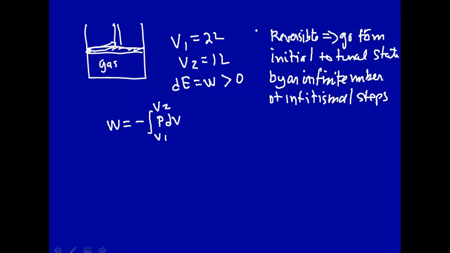So reversible is an ideal process that in fact will take an infinite time to do. Each time we move this an infinitesimal amount, the pressure of the gas will change along with the volume. If you change the volume, it changes the pressure.